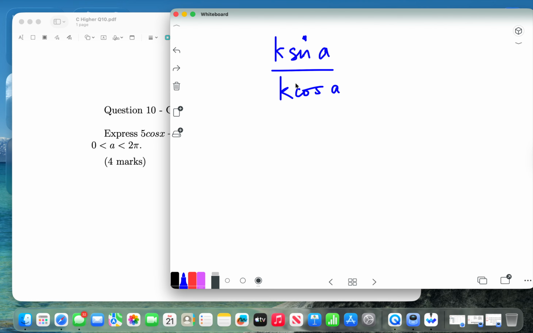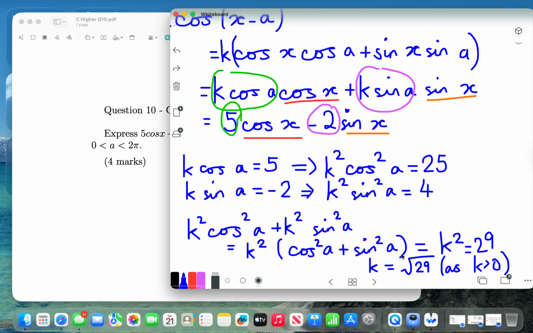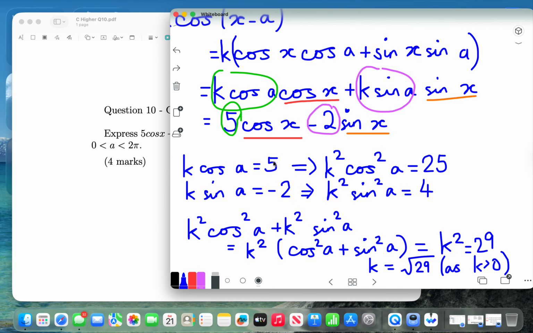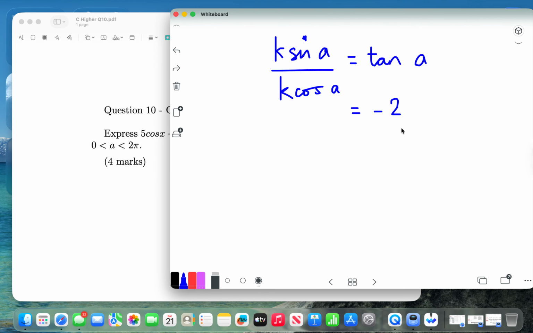The k's cancel out, and we're left with the tan of a. So k sine a is minus 2, and k cosine a is 5. So that's the value of the tan of the angle.